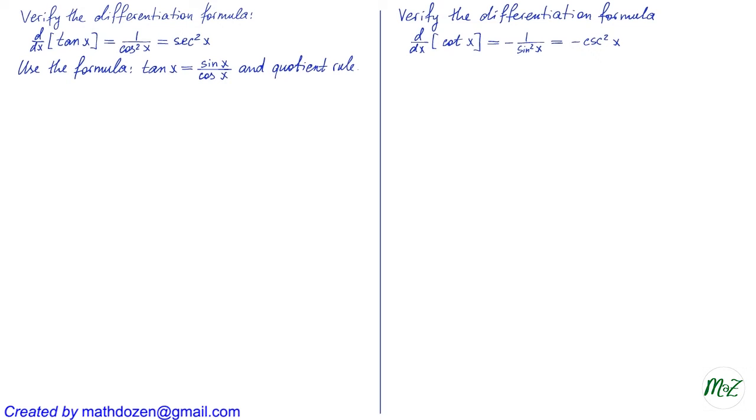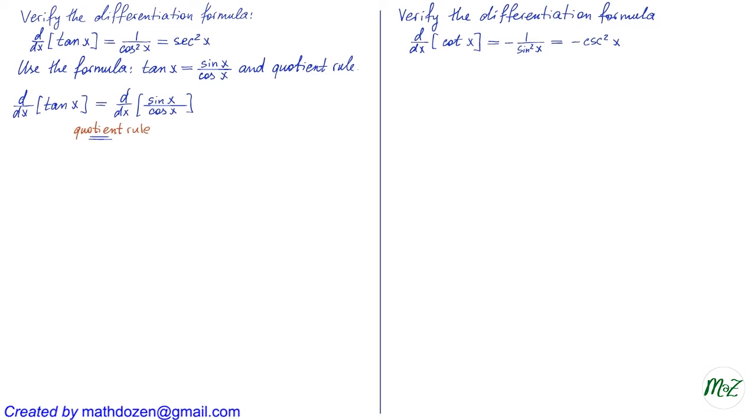When we work on the derivative of tangent, we can go ahead and use the identity that tangent x is equal to sine x over cosine x, and apply the quotient rule to that identity. So the derivative of tangent x is going to be the derivative of the quotient sine x over cosine x.